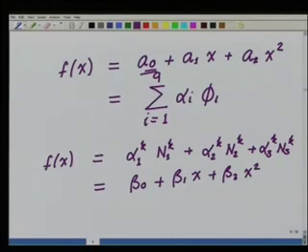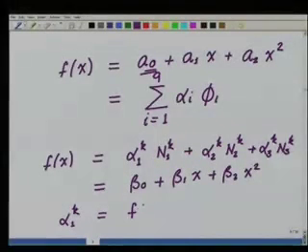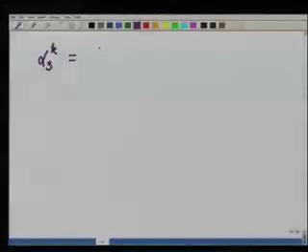Now, by the way these functions have been defined, what will alpha 1 of k be? Alpha 1 of k will be equal to f evaluated at the point x1 of k. Alpha 2 of k will be equal to f evaluated at the point x2 of k. Alpha 3 of element k will be equal to f evaluated at the point x3 of k.